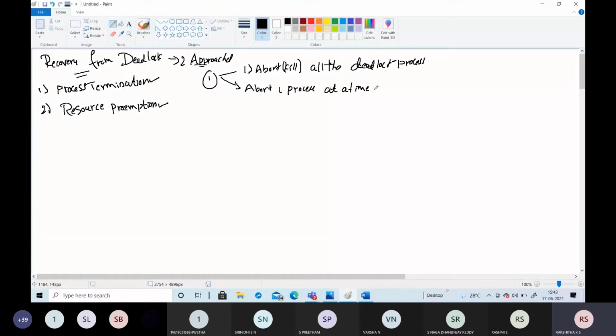Abort only one process at a time until the deadlock cycle is eliminated.